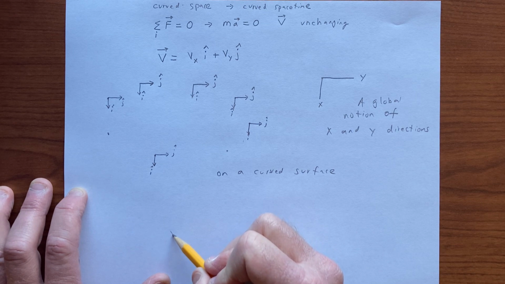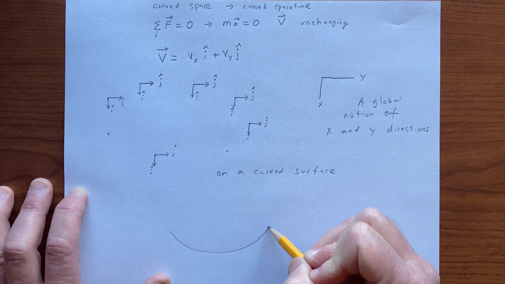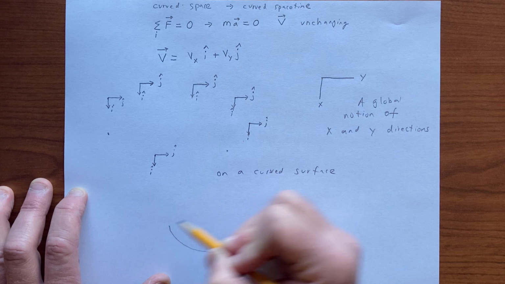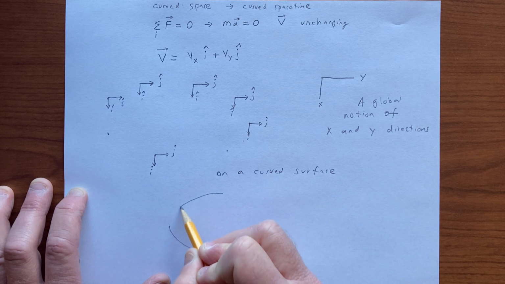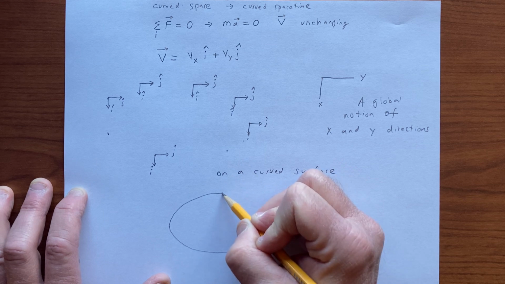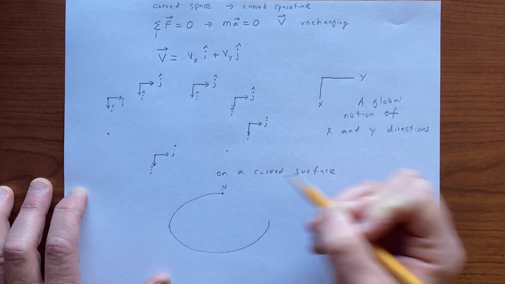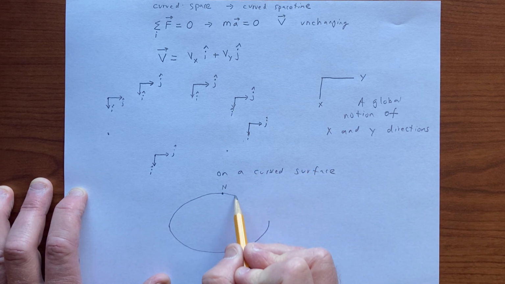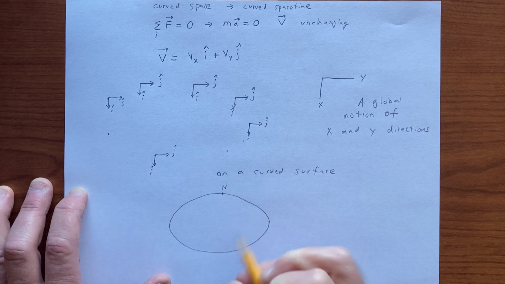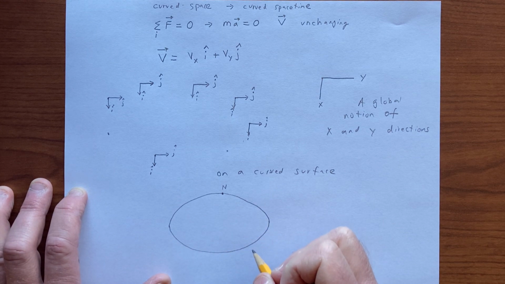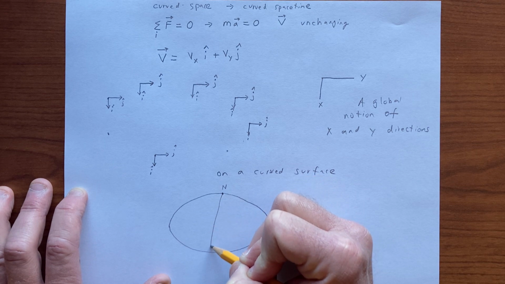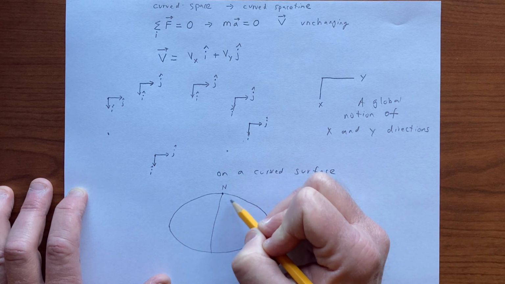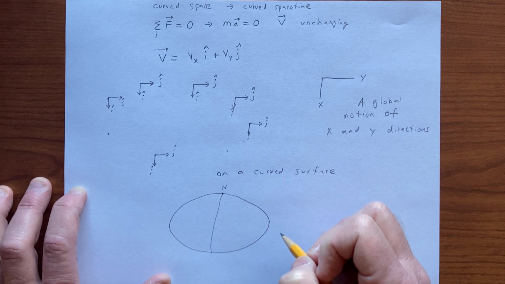So let me try to draw a half of a hemisphere. So this is the North Pole, and this is the equator. And this is sort of 90 degrees here.